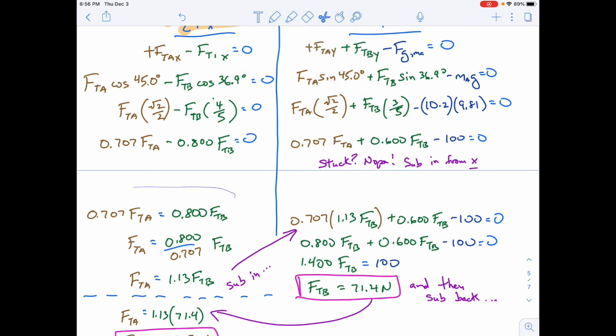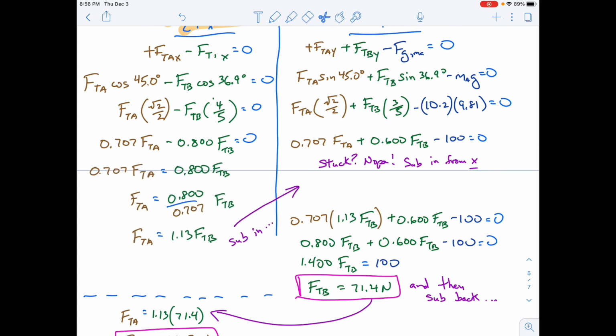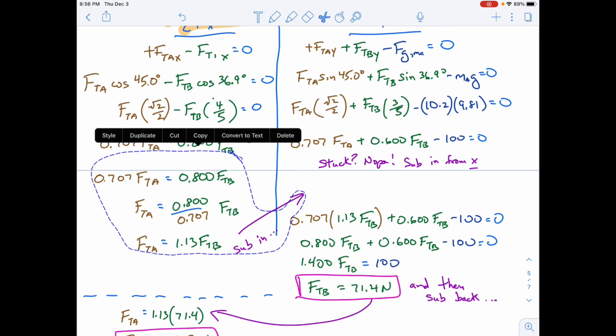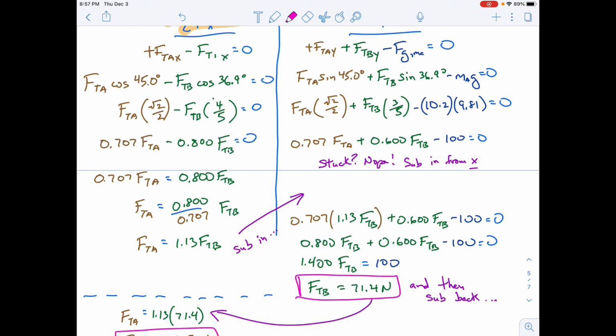Well, because if I looked and finished up all this x stuff and plugged it in, I can rearrange it, and I can even put one term in terms of the other. I could put FTA in terms of FTB, and I can get that number. And then I can sub in for one of the variables.